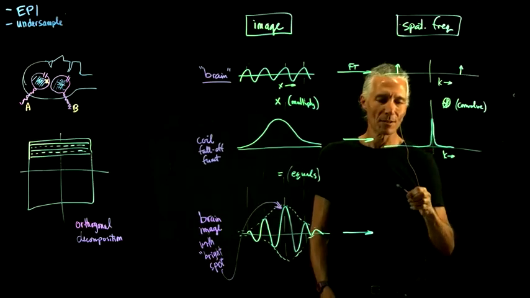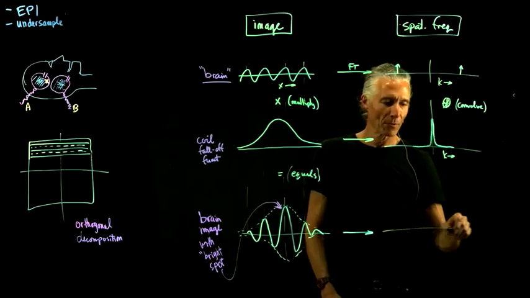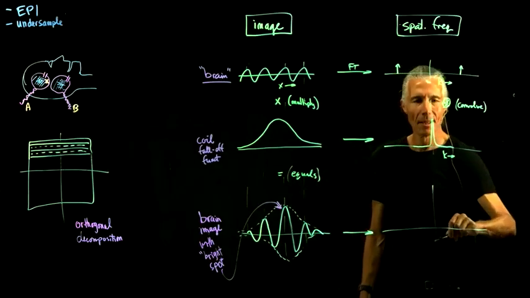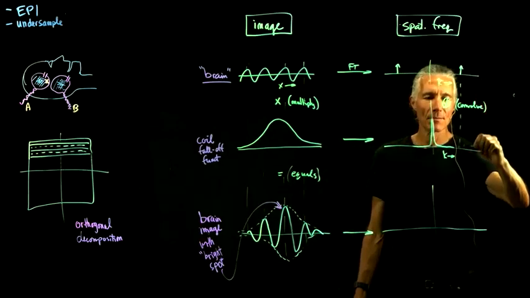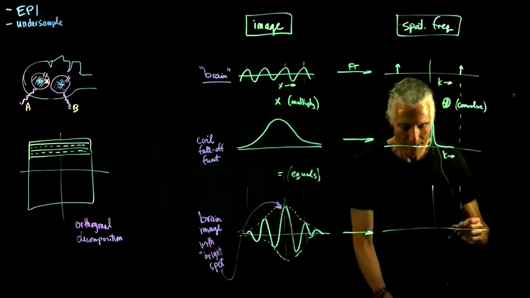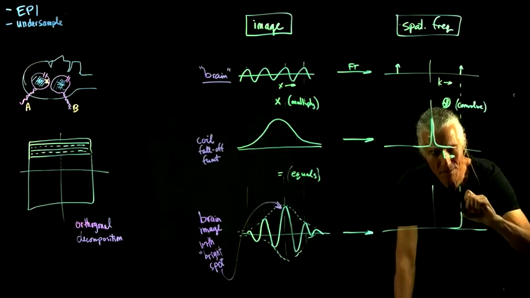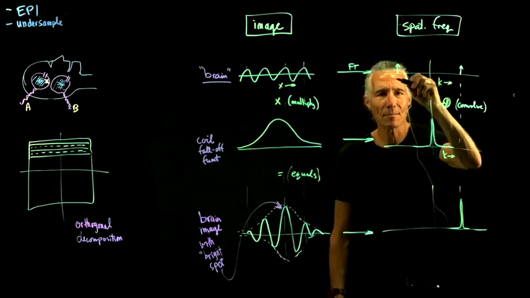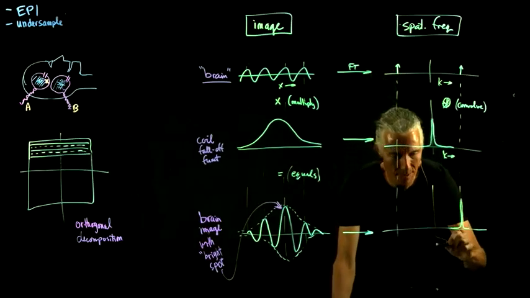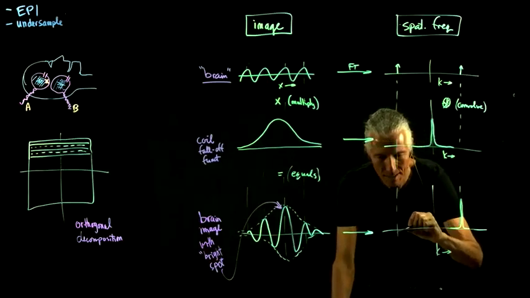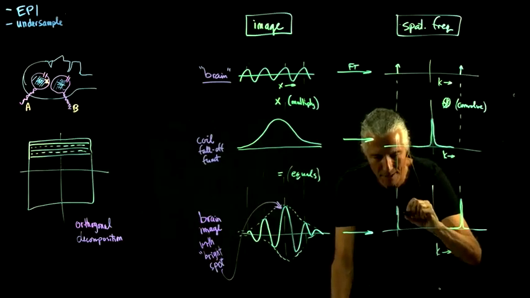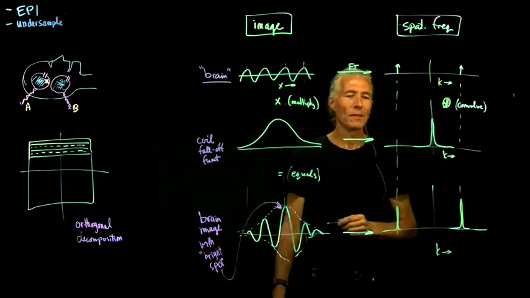It's just going to blur out those spikes. Where the spike would be, instead of a spike, now you'll have a little mini Gaussian like that. And you'll have the same thing for negative frequency space, so there'll be another negative frequency spike there.